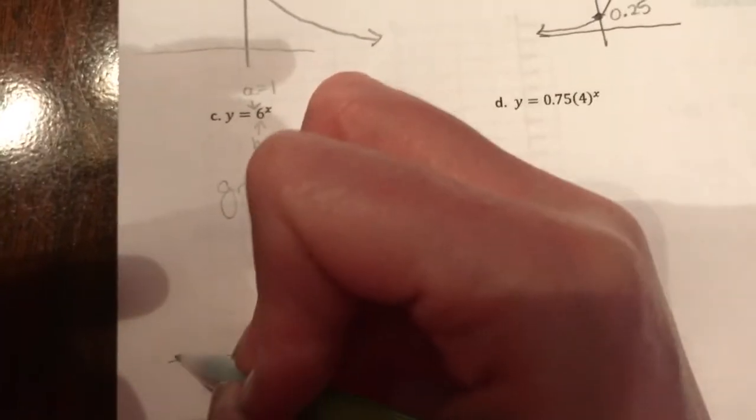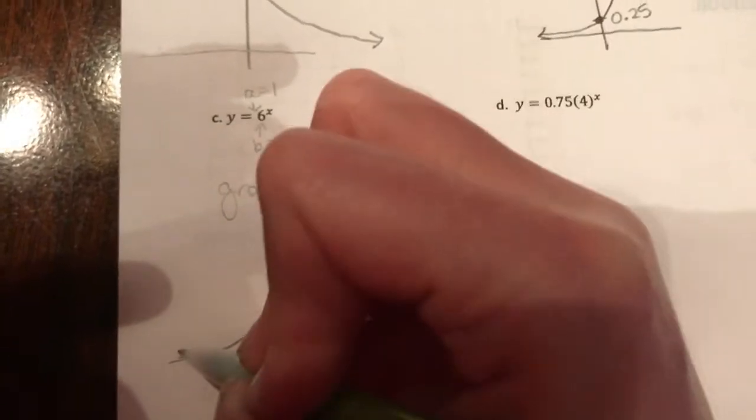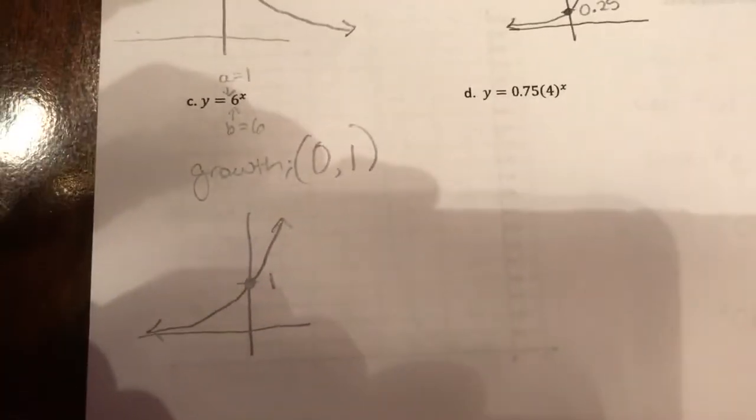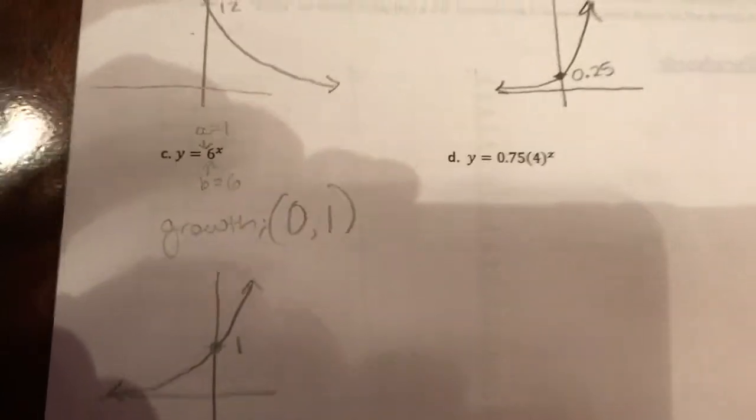We didn't label, sorry, (0, 1) would be our y-intercept here, and it's growth. Just a very rough sketch, but something that demonstrates we understand what the graph of growth versus decay looks like. And for part D, I'd like you to try that one on your own.